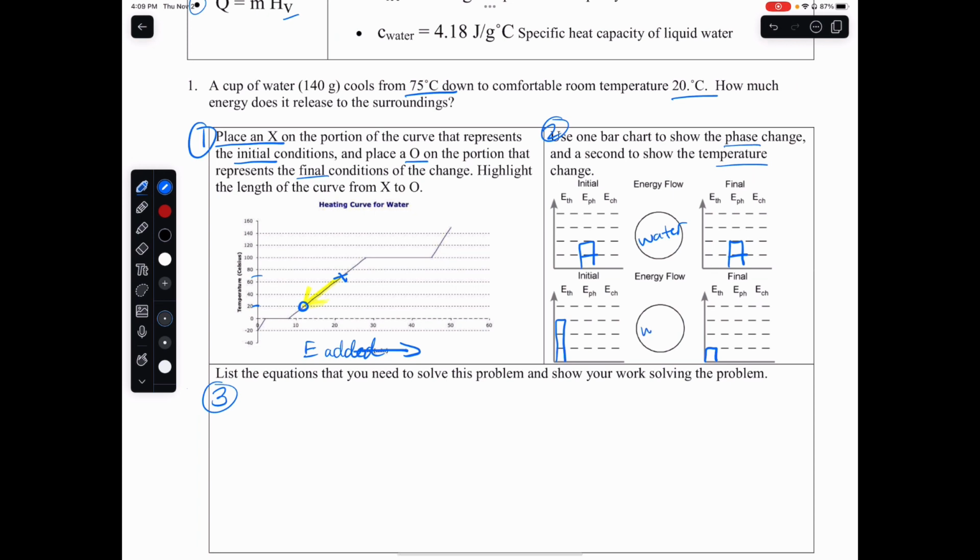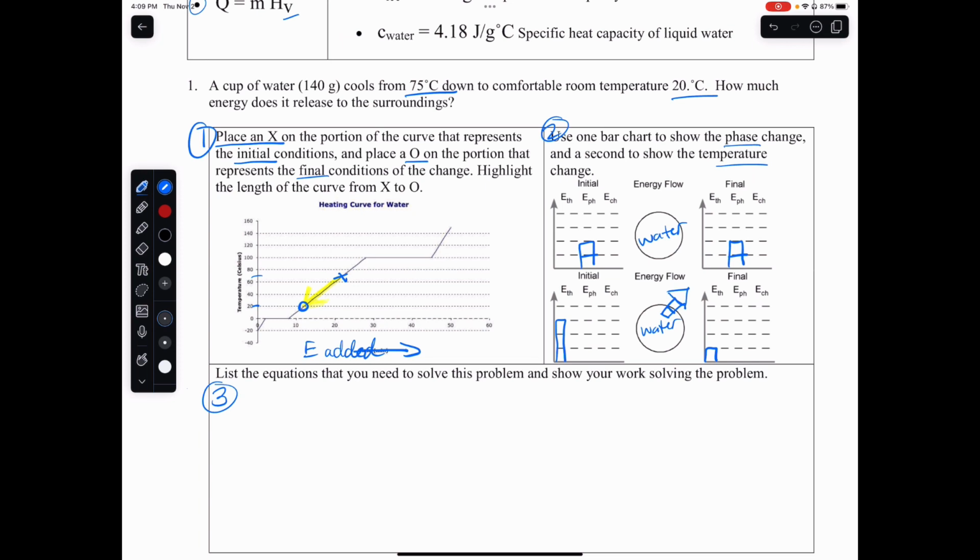And the system is the water again. And does it look like energy entered or left the system? Well, again, we're showing another way to show that these 2 bars of energy left. So that's all for that, because we are separating the phase on the first graph and the temperature on the second graph. There's nothing that needs to be repeated.